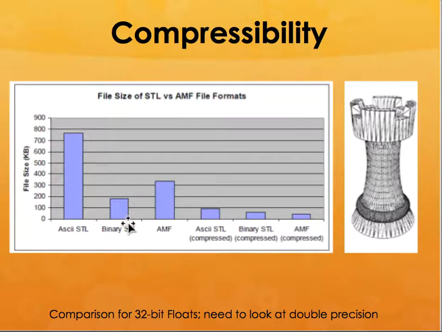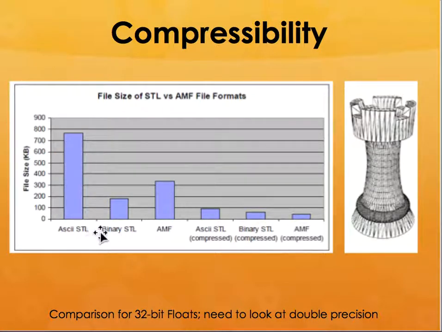So in the earlier days, you can see that the standard STL files were storing this file in ASCII data. Suppose, for example, this is a simple thing, a chess piece. So the size of this file in ASCII STL is about 800 kilobytes.